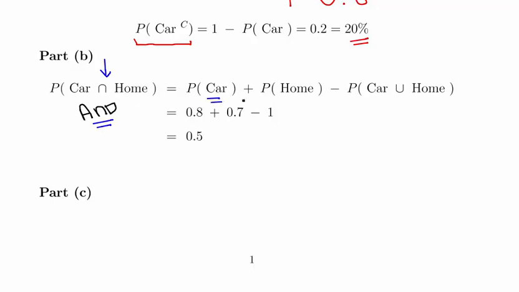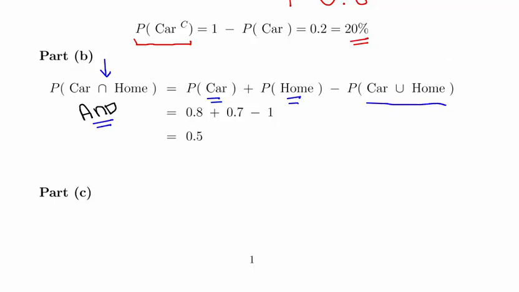So that's the probability that they have car insurance plus the probability that they have home insurance minus the probability of both. Sorry, what am I doing here? This is the addition rule. It's just that the intersection and the union are in reversed roles.